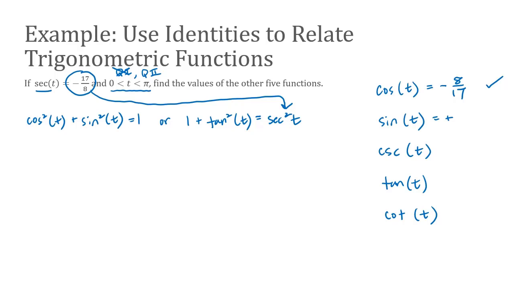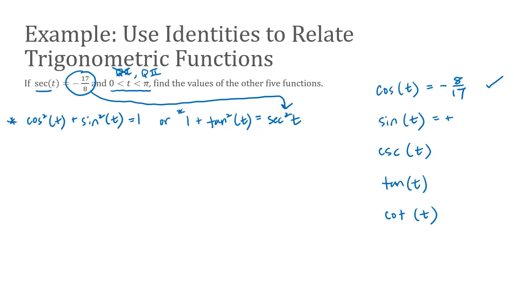I personally, if I feel pretty confident with my cosine of t, the -8/17, I like to use the original Pythagorean identity. And that's only because I prefer to really memorize one thing instead of two things. I may not have this variation memorized, although as you heard me say, it really just is derived by dividing both sides by cosine squared t.